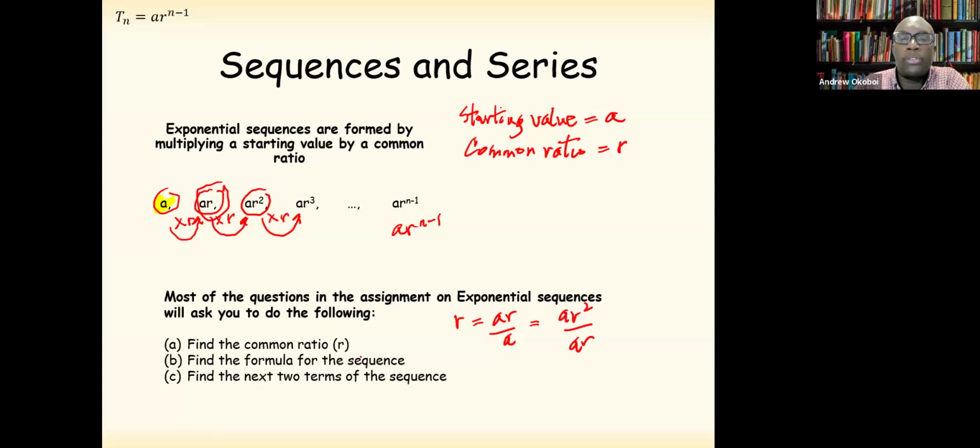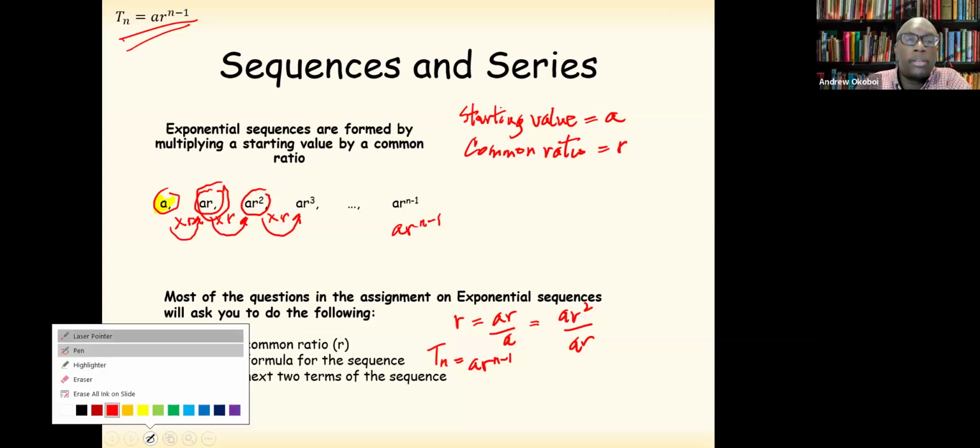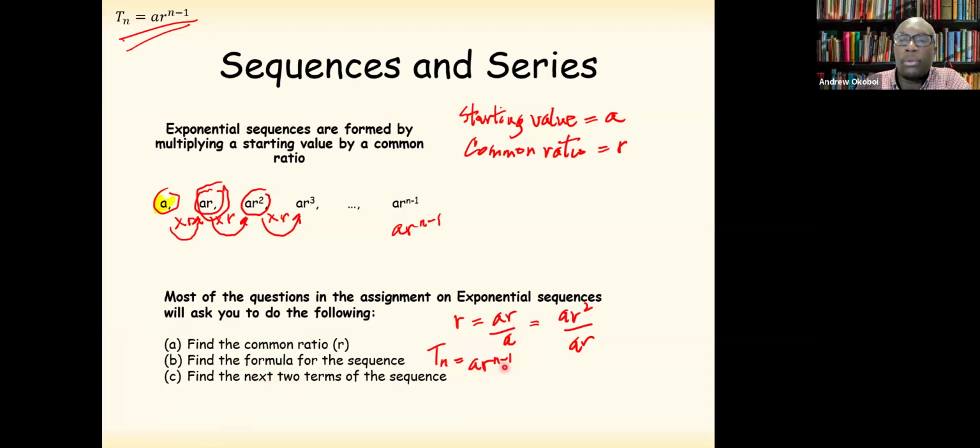Once you know A and once you know R, you can find the formula for the term. That is given as Tn is equal to AR to the power n minus 1. That's the same formula that we have up here, and that's the standard formula for geometric sequences. Once you know the formula, it's not very difficult to find the next two terms: you just apply the appropriate value for n.